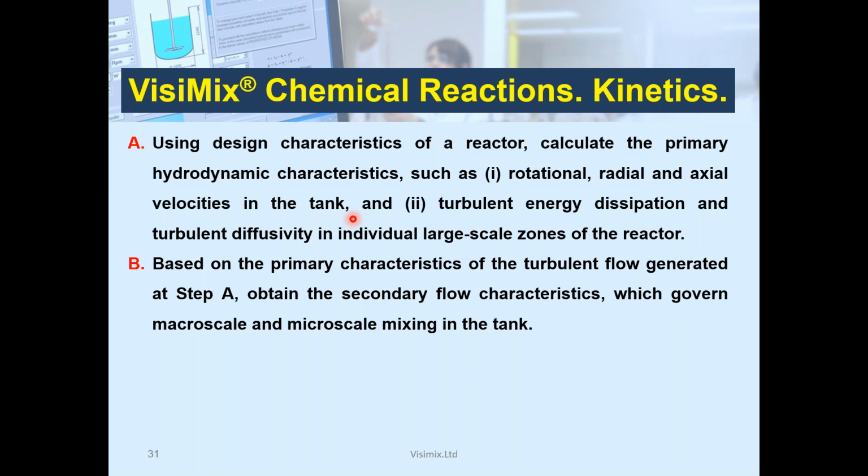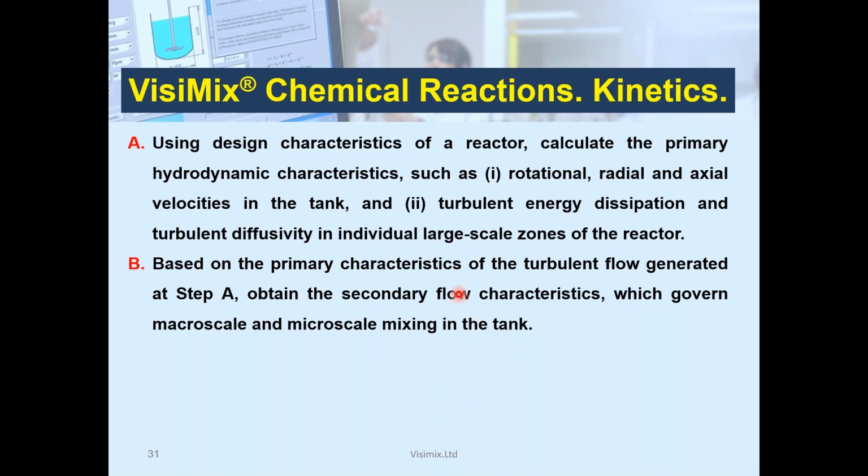So we are not only calculating the integral flow in the tank, we are taking in consideration the local mixing, the turbulent eddy dissipation that will generate zones that are characterized by different levels of microfluid elements that will be the main components of the reaction and mass transfer.